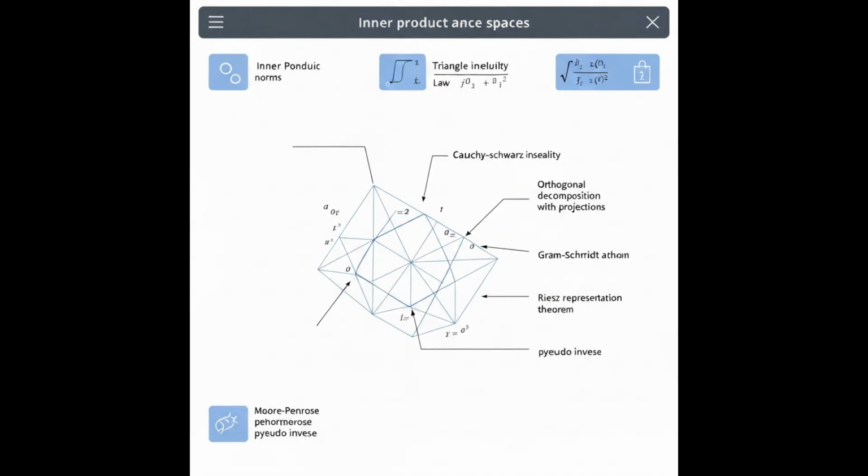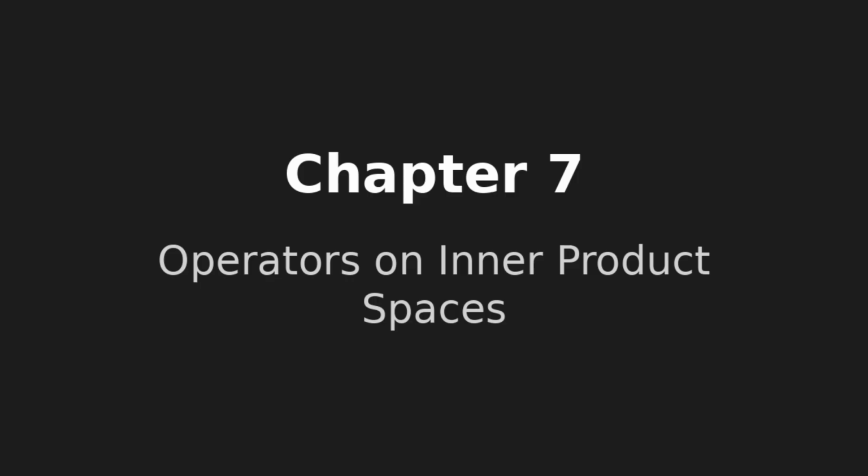Chapter 7 then introduces adjoints, self-adjoint, and normal operators, their matrices, and eigenvalue properties, including that eigenvalues of self-adjoint operators are real. Chapter 7 develops the operator theory on finite-dimensional inner product spaces, emphasizing the structure and decomposition of self-adjoint, normal, and unitary operators, and linking algebraic properties to geometric ones.